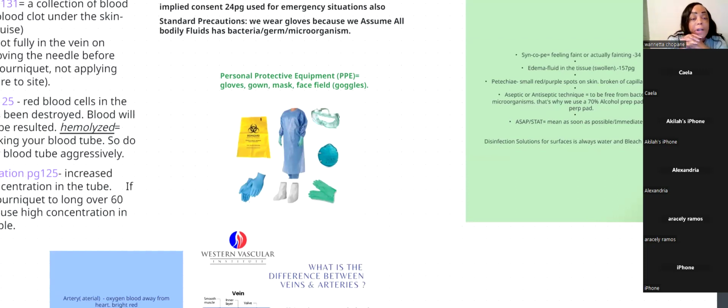But these are examples of PPE: any personal protective equipment that you put on that protects you from catching any type of microorganism from the patient. It could be a gown, an N95 mask, a regular surgical mask, goggles, and of course gloves. It can even be the booties we put on our shoes. But standard precautions only require gloves.